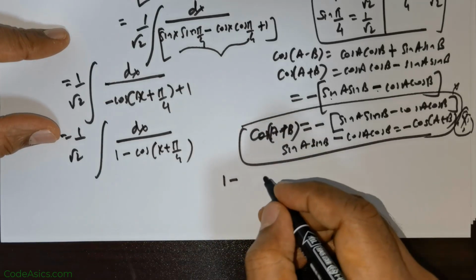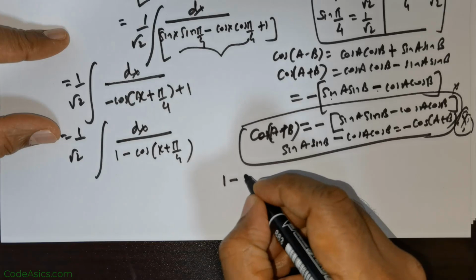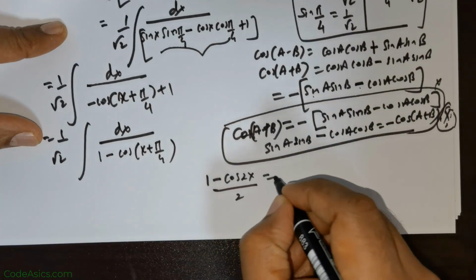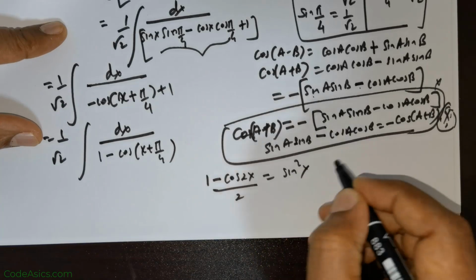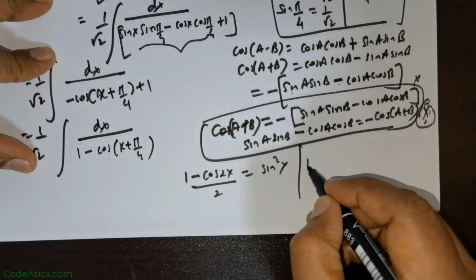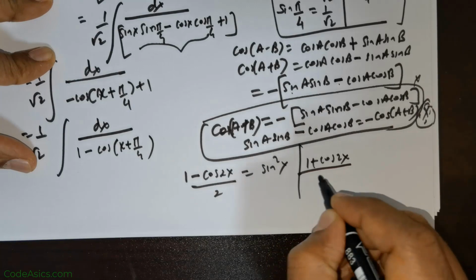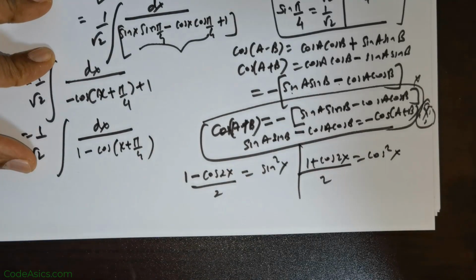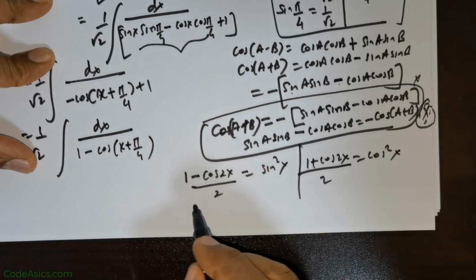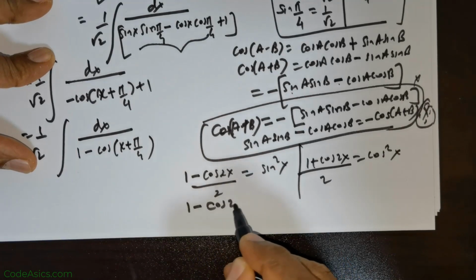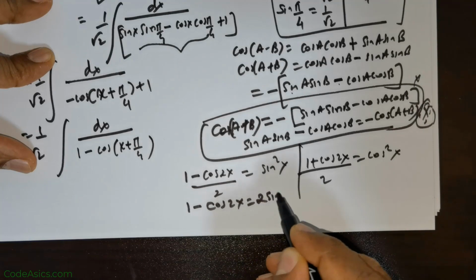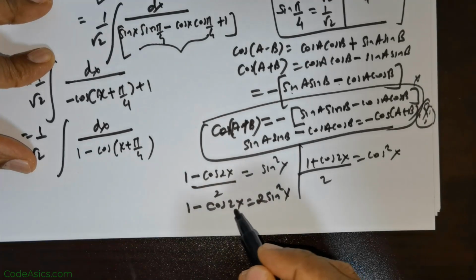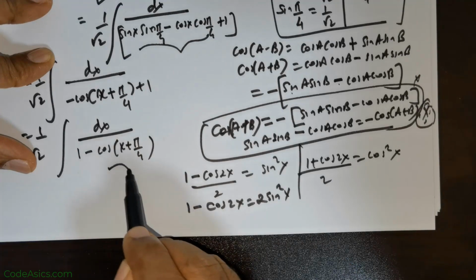Now if you remember, we know that 1 negative cos 2x divided by 2 is equal to sin squared x, and 1 positive cos 2x divided by 2 is equal to cos squared x, right? Now this can be further rewritten as 1 negative cos 2x is equal to 2 times sine squared x. So in place of 2x we have got this quantity.